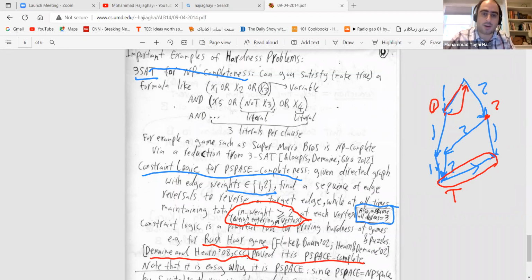I mentioned that this is a famous problem that is PSPACE-complete. The complete part is hard because you need to show that this problem is as hard as any other problem in PSPACE. But I want to see why this problem is actually in PSPACE.